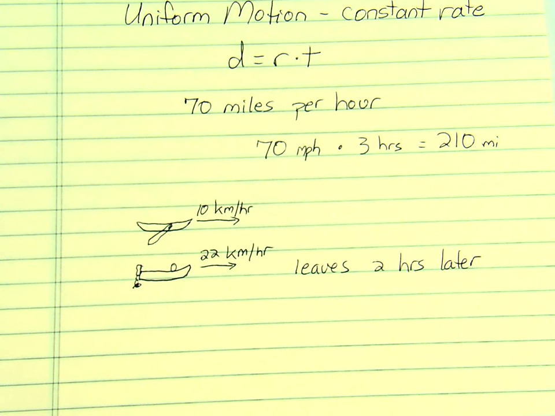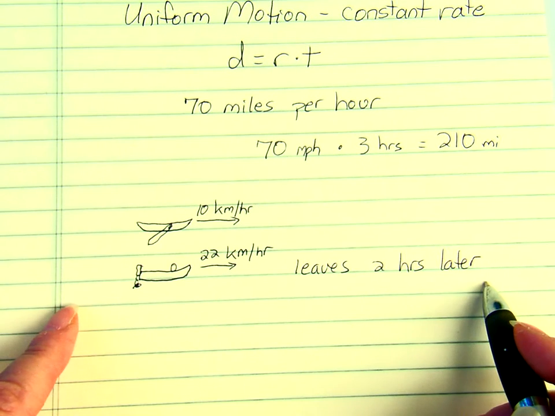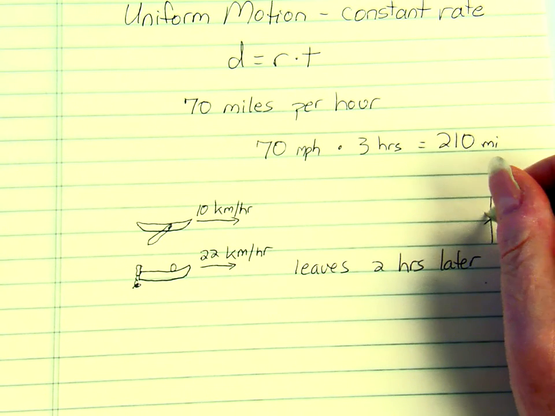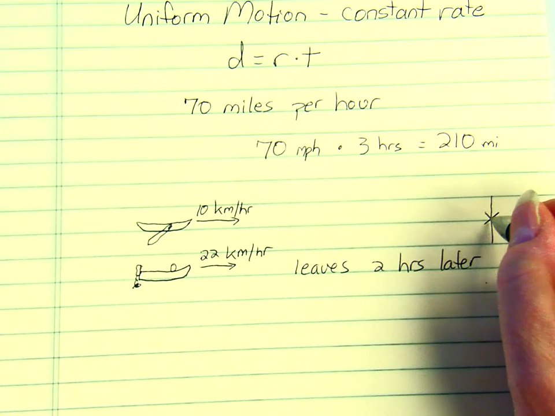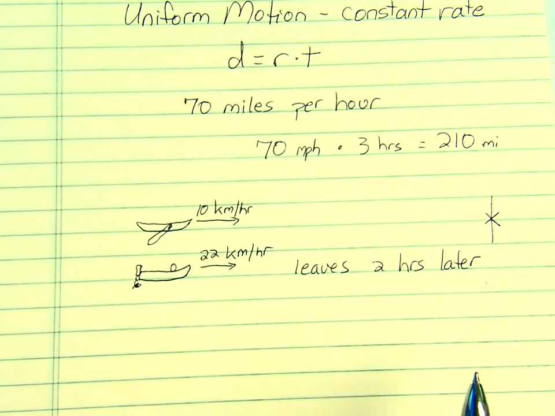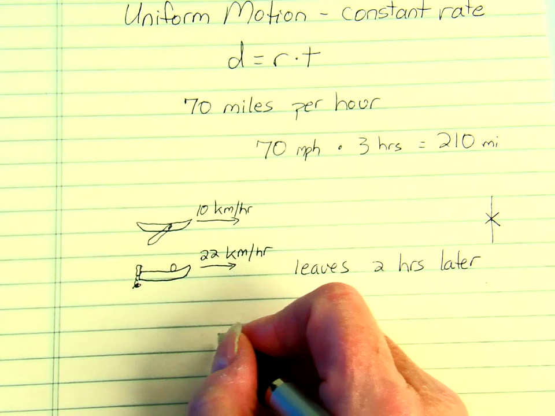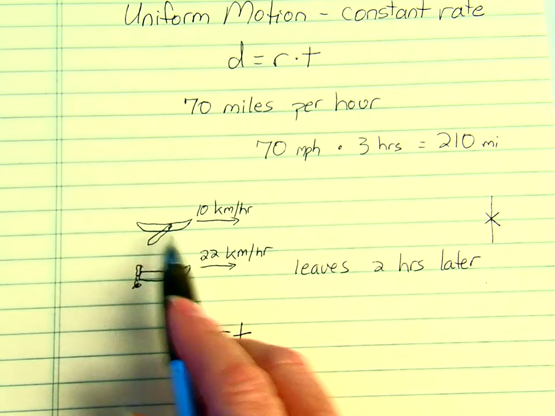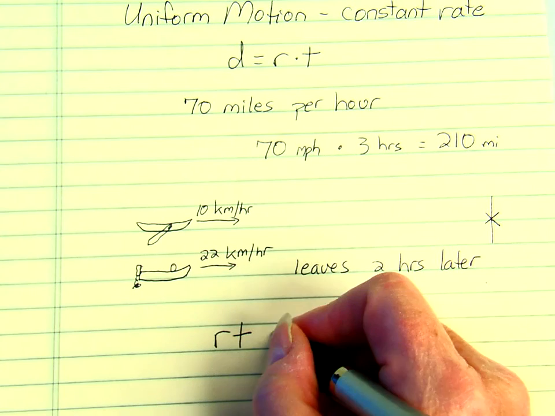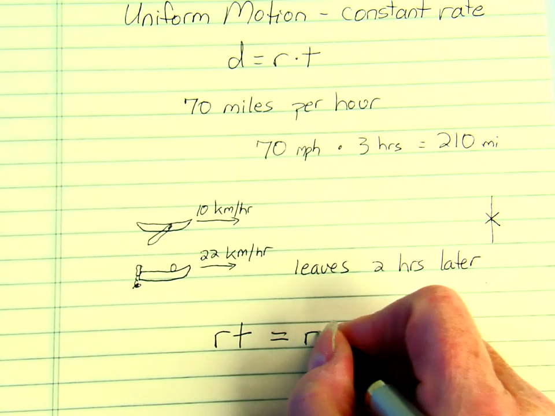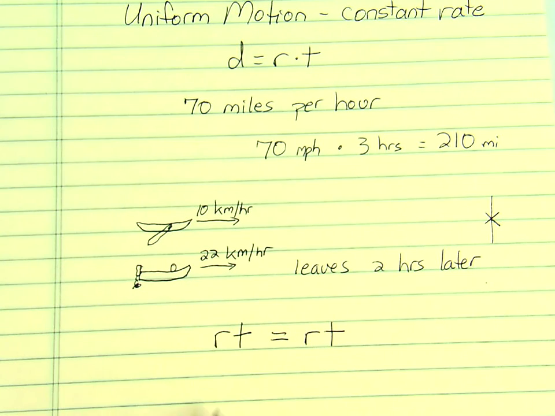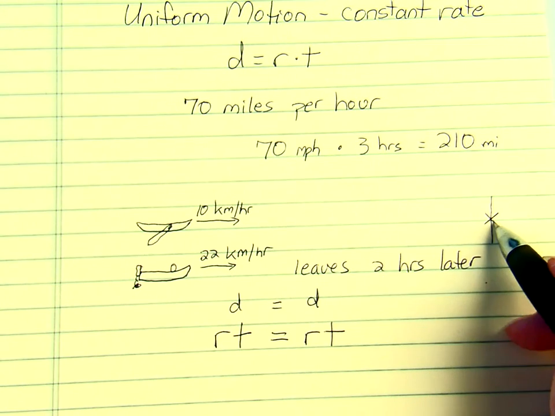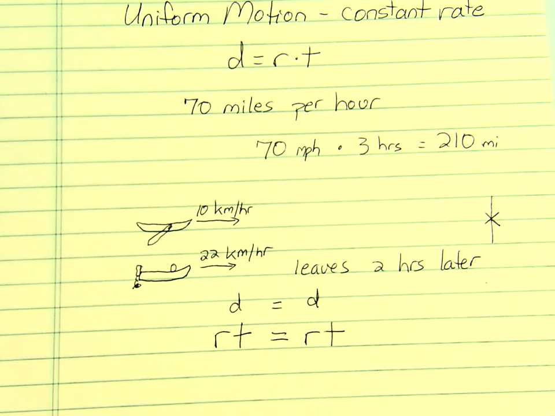So we know our distance is going to be equal, because it's when they both get to that spot. The rate and time of my canoe has to equal the rate and time of my second vehicle, because in essence I'm saying distance equals distance. We want to meet at that one distance.